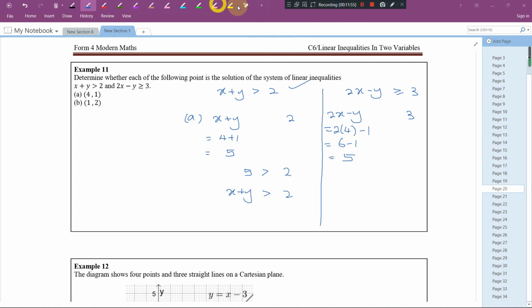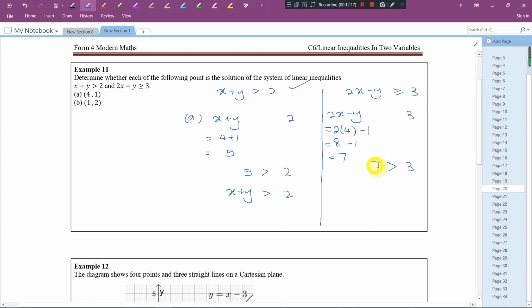Oops, sorry, I made some mistake here. So this is 2 times 4, which should be equal to 8. So this is 7. Okay, let me check again, correct or not. Okay, so now I just compare these two, 7 and 3. 7 is greater than 3.